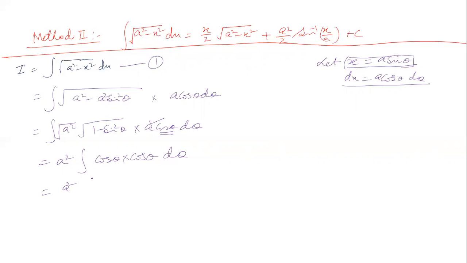Now we have cos square theta, and cos square theta is equal to, we know, 1 plus cos 2 theta upon 2.